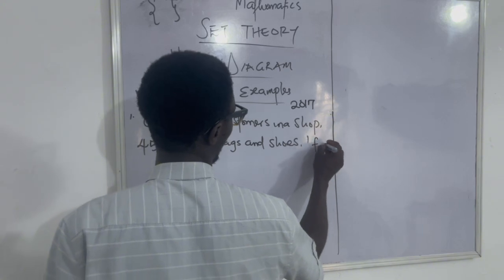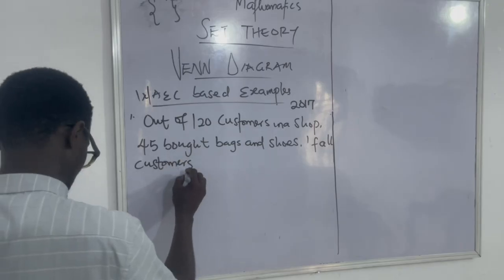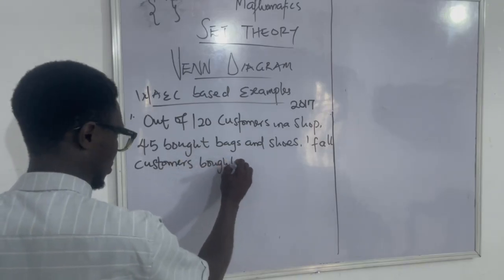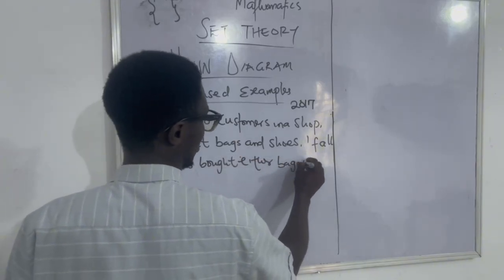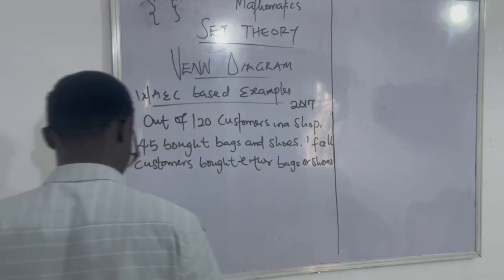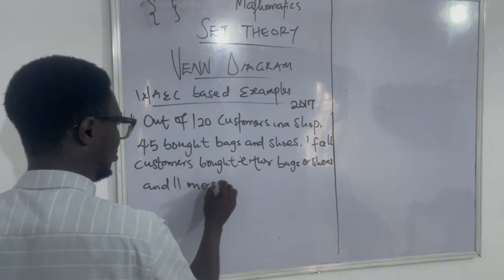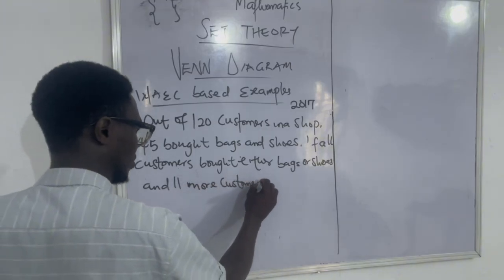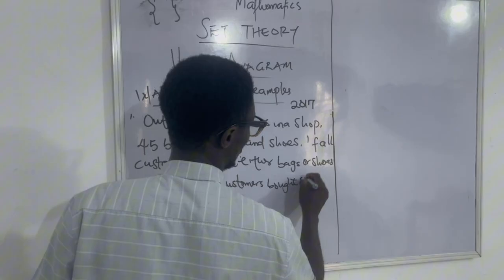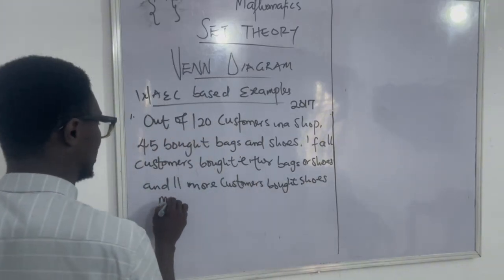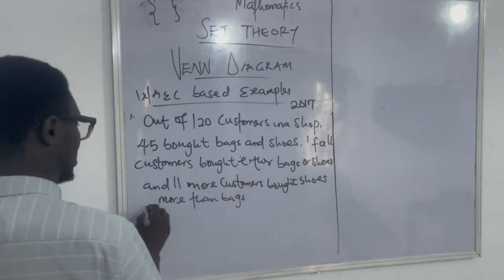It said if all customers bought either bags or shoes, and 11 more customers bought shoes than bags.